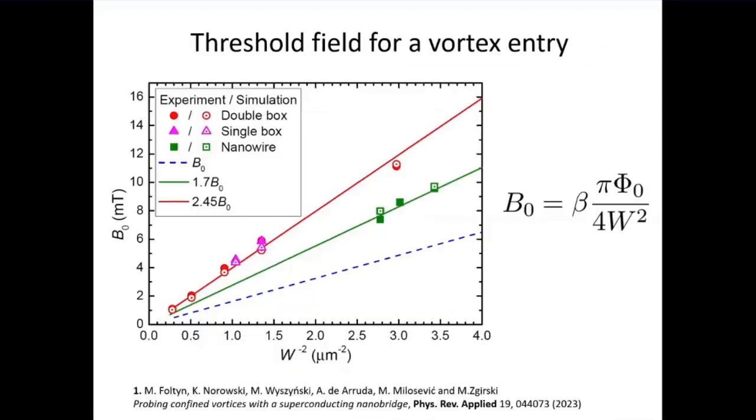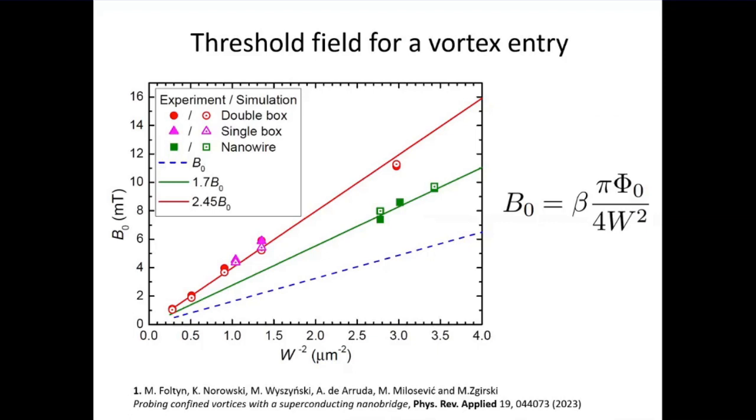So now, okay, this is to show you that the entry of the vortex is very predictable as a function of magnetic field. This is a simple formula which has an intuitive character. You can call this beta pi over 4, it's of order unity. But this is the value for first vortex entry.